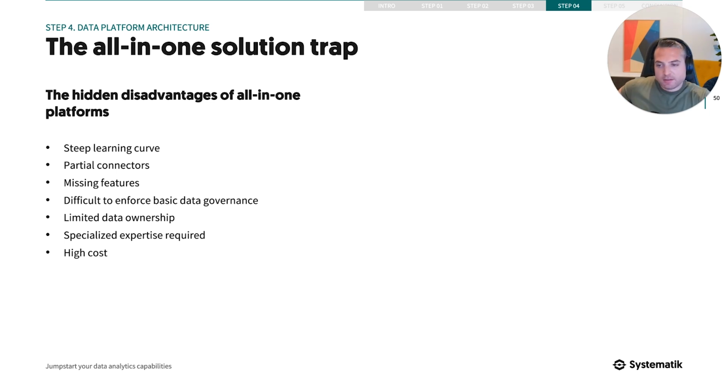Another thing, and this is very important, is they have partial connectors. So they will say we connect to Shopify, for example. We have a native connector to Shopify, and you need that. That's part of your requirements. But then when you investigate and connect to Shopify, you realize that they connect only to the order table, where all of the orders are.